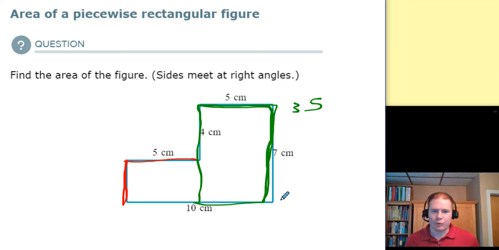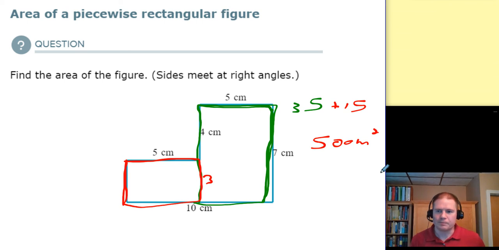So if the whole thing is 7, then this whole thing is 7, right? It's a rectangle, 7, 7. So if this is 4, 4 plus 3 is 7. So this rectangle has to be 5 by 3. That's 15.